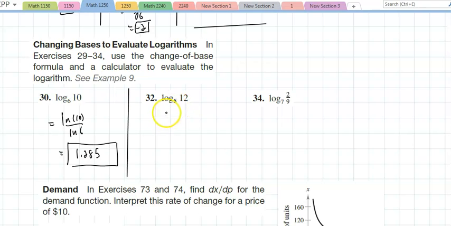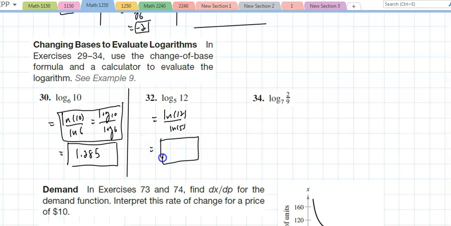Here again, I don't have a base 5 in my calculator, so this is natural log of 12 over natural log of 5. By the way, I could have used log of 10 divided by log of 6 with a base of 10. It doesn't matter, you get the same answer.